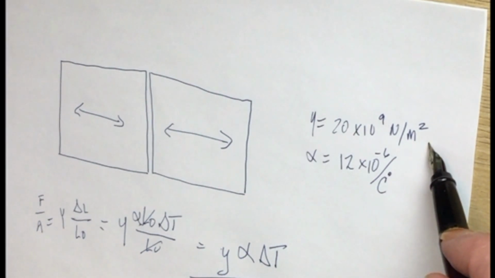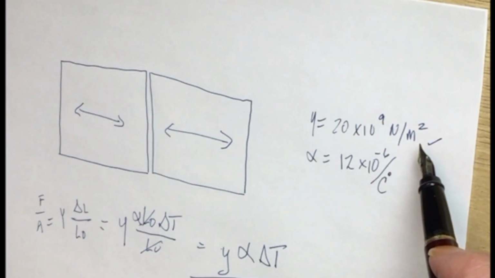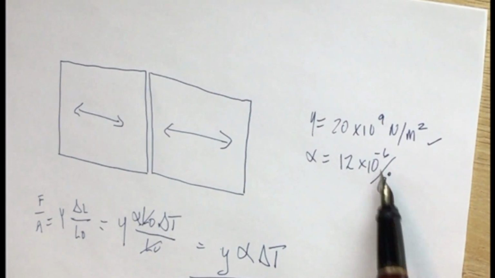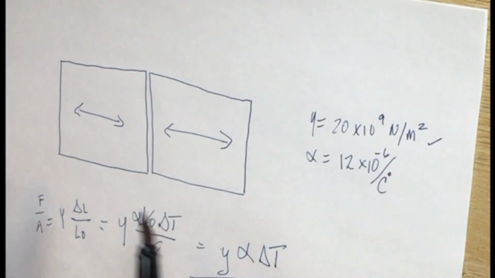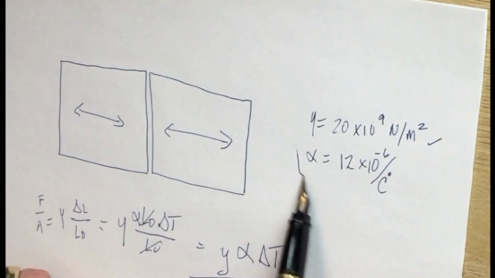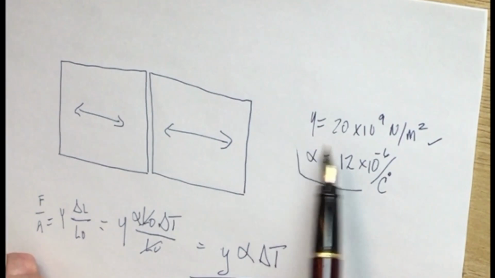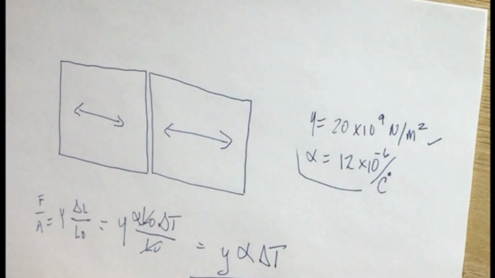So Young's modulus for concrete is 20 times 10 to the 9 newtons per meter squared. Alpha for concrete is 12 times 10 to the negative 6 per degree Celsius. So what's happening is this is causing the concrete to expand. Young's modulus is forcing it back together to keep the length the same. So now we can just simply calculate this.